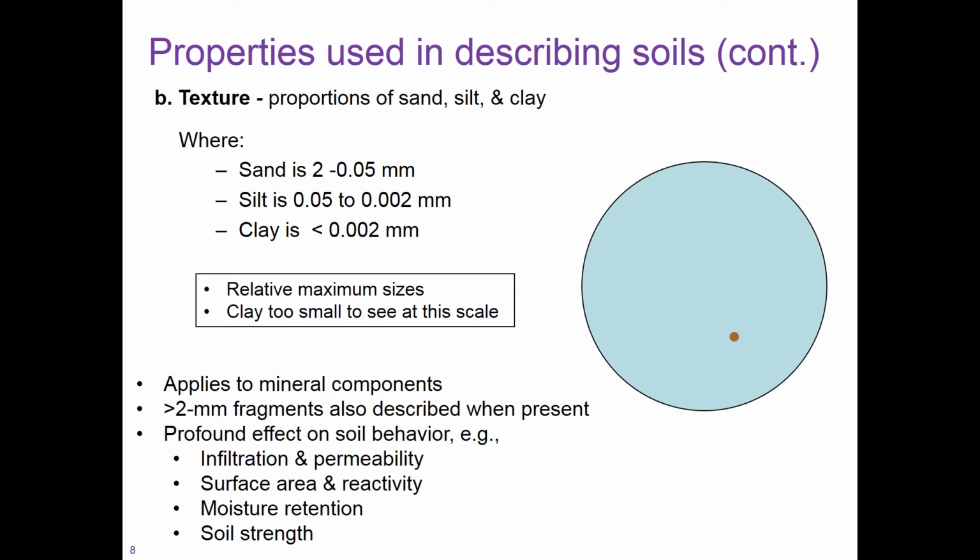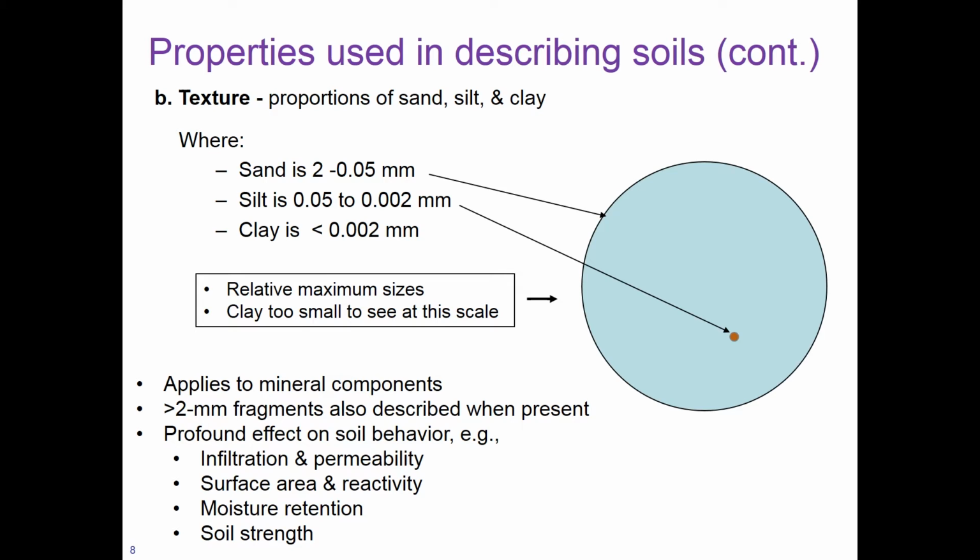To the right, I have depicted a sand-sized particle and a silt-sized particle in proportion to their relative maximum sizes. In this case, at this scale, clay could not even be seen.